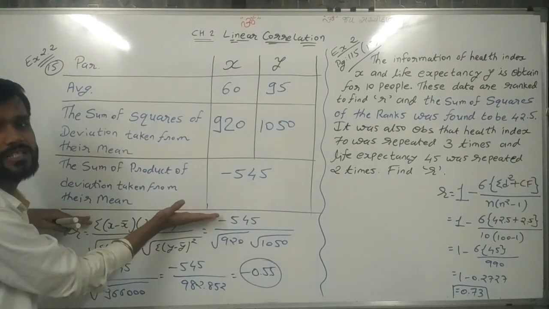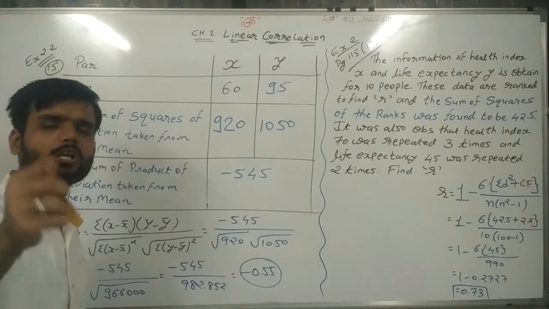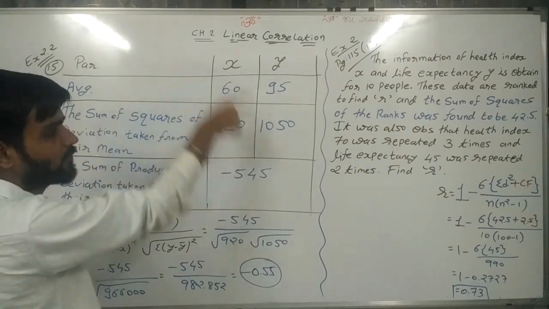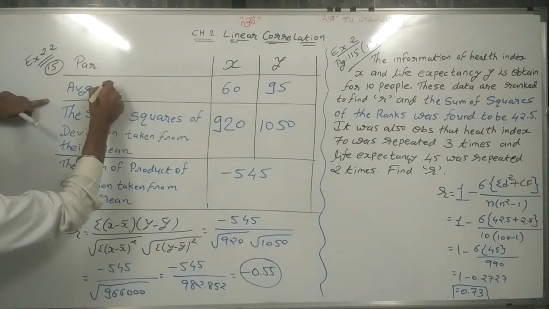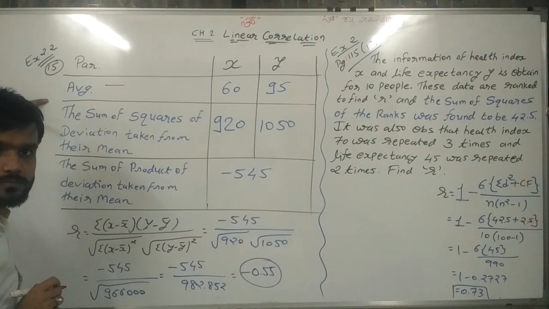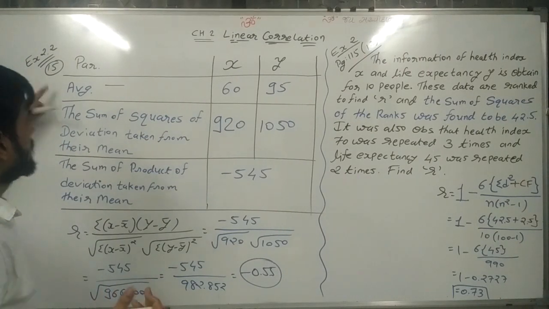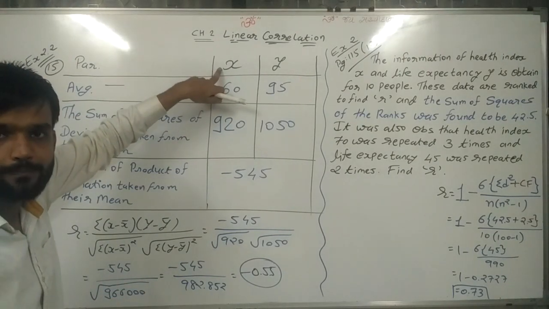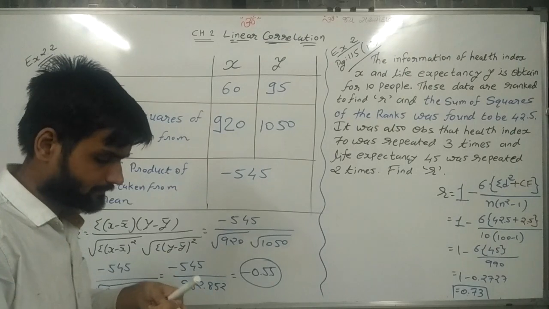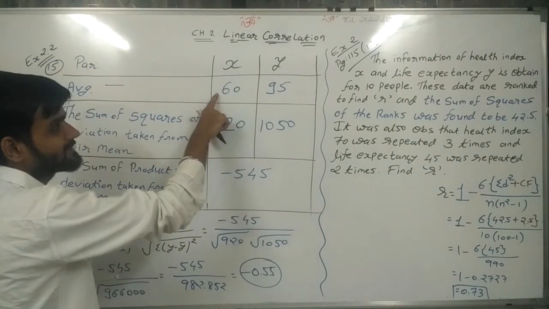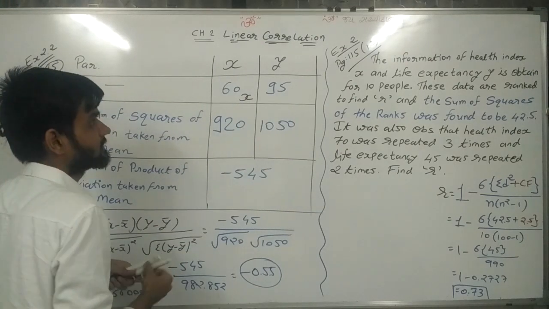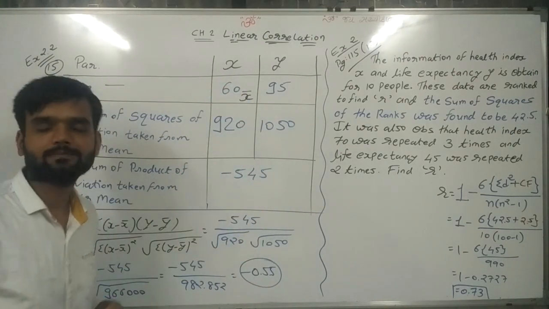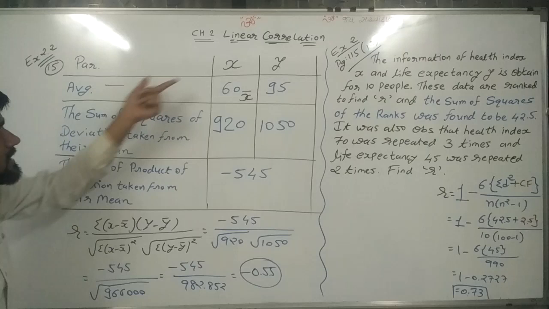Here, this box is the question, and we need to find the correlation coefficient on the basis of this information. So, average means bar. Bar of what? Average of x means x bar. So here, this 60 is the value of x bar, because average means bar.